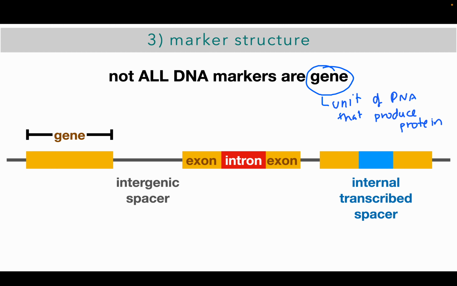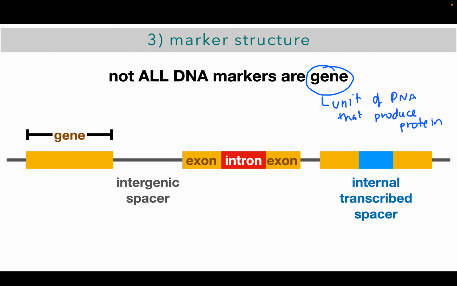So not all parts of DNA produce protein. Actually, a very small part of DNA becomes genes in eukaryotes, like 1% of your DNA actually produces protein, right?